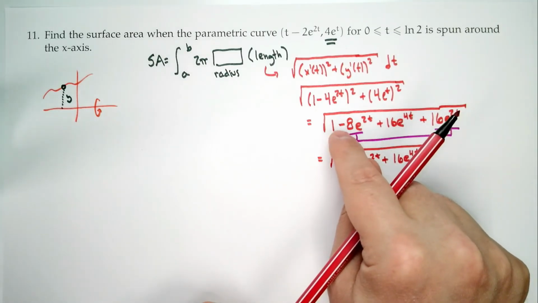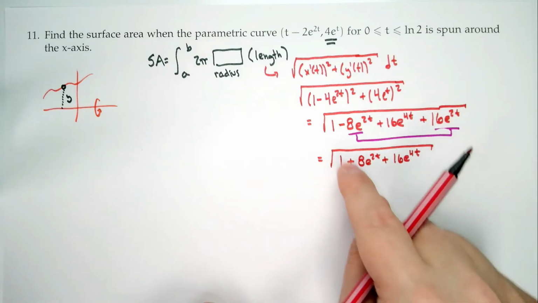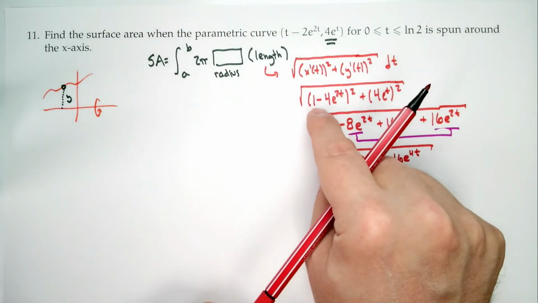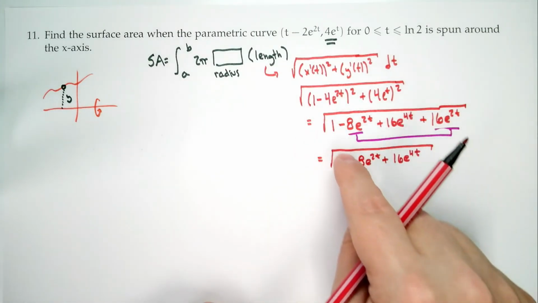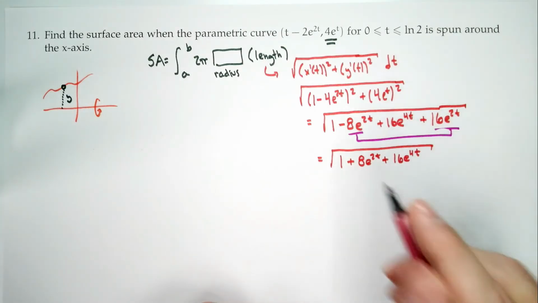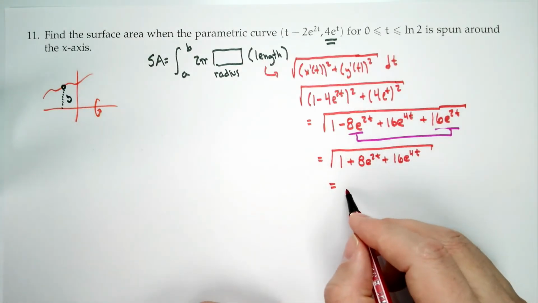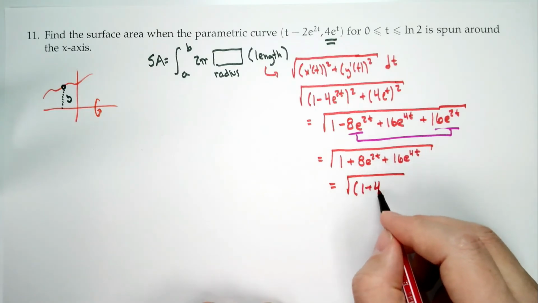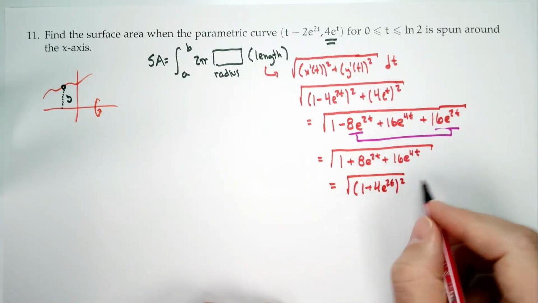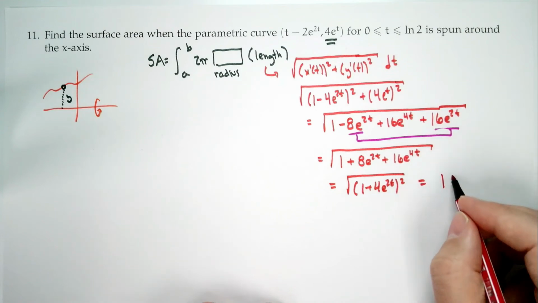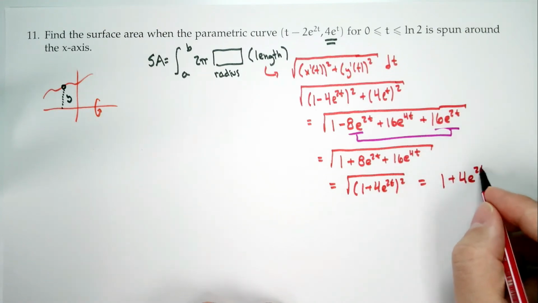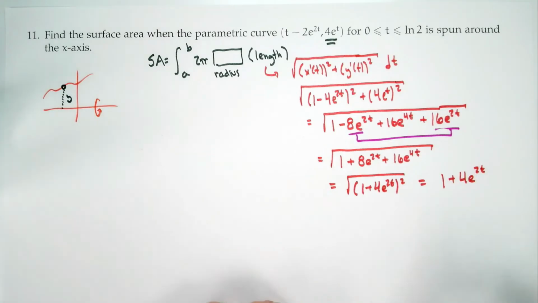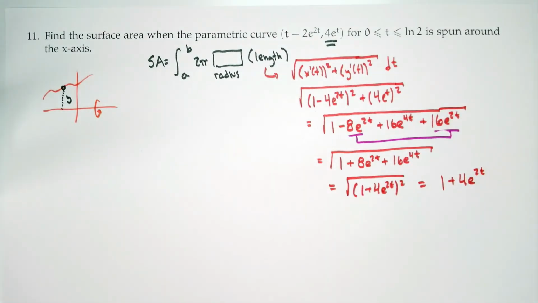Just that minus became a plus, and that minus is because we had a minus there. If we had a plus there, that's what we would have. That means that this is really the square root of (1 plus 4e to the 2t) squared, or 1 plus 4e to the 2t. Nice.